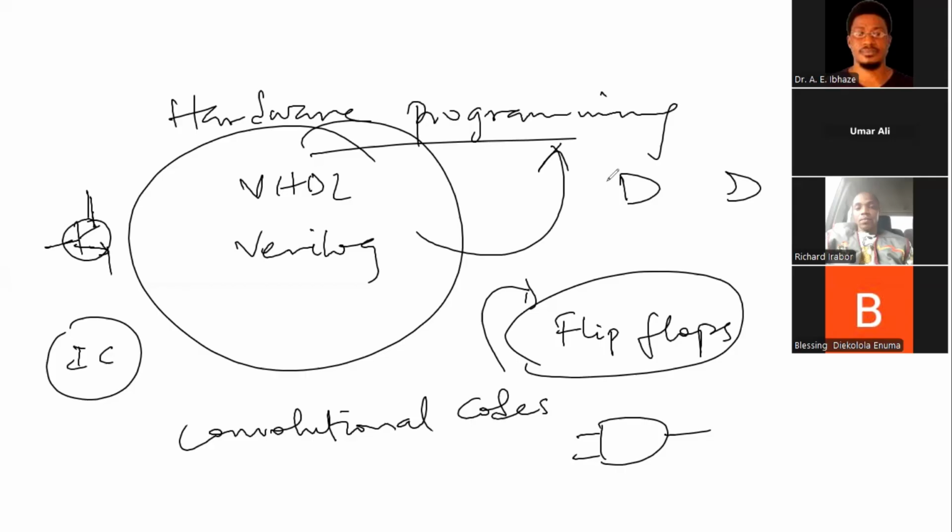So if you want to revise that concept, look up the lecture notes on digital computer technology, where we played with all of those jargons. And then that will bring us back to the practical implementation of some of these coding schemes. Is that okay?